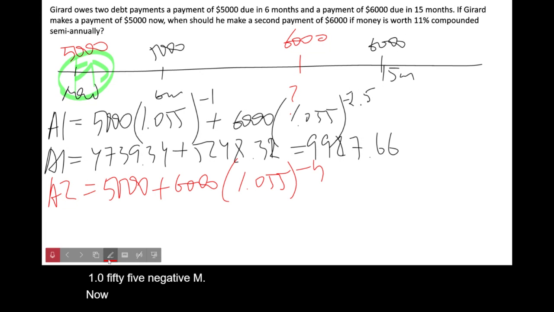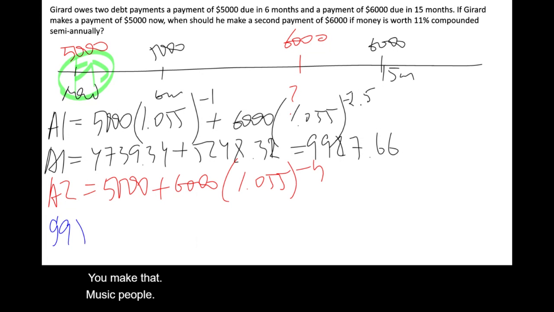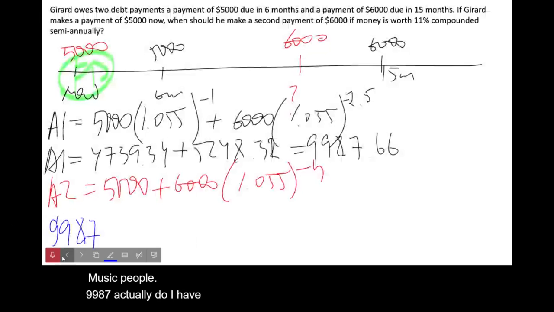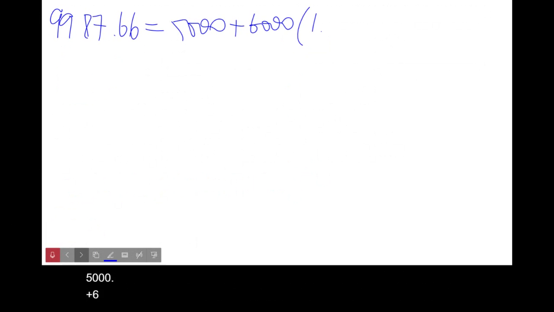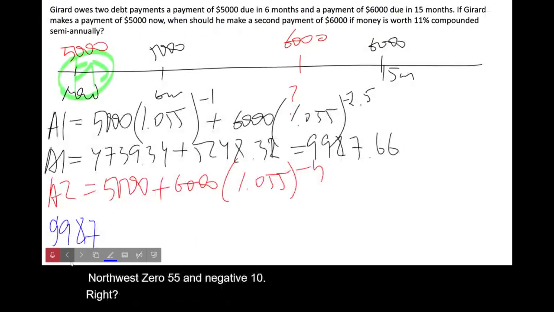Now we make that equal to 9987.66. So 9987.66 equals 5,000 plus 6,000 times 1.055 to the negative n, right?